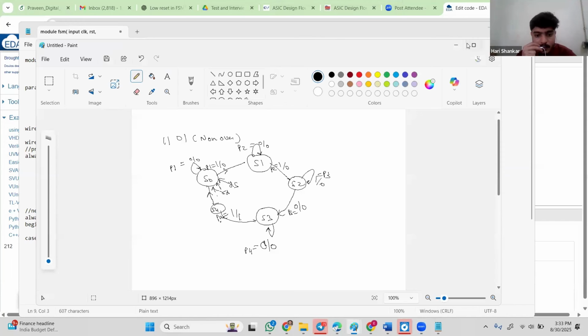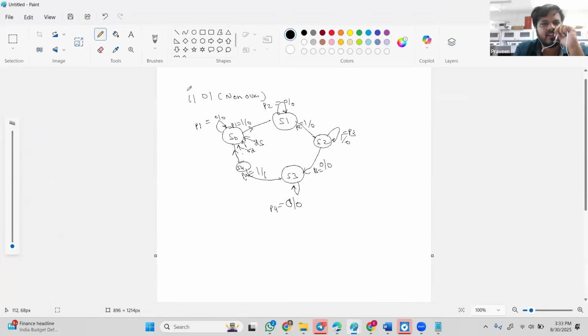I also took wrong data. Now I only checked 1101, I should take 11011. But this is a non-overlapping case. I made Mealy, and for that I have to take five states. For the sequence, whenever a 1 comes, it will go to the next state S1.